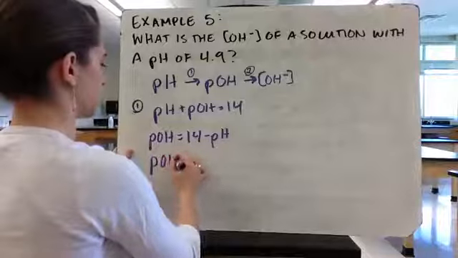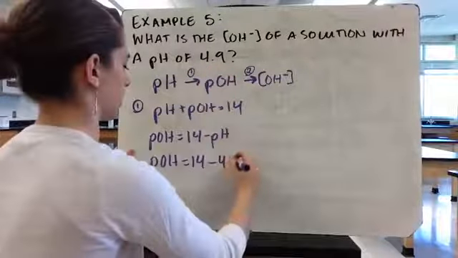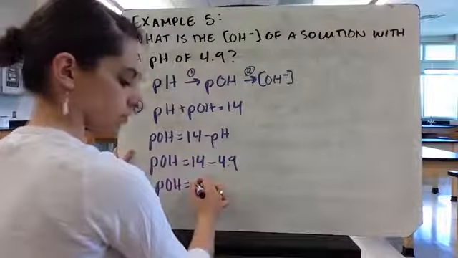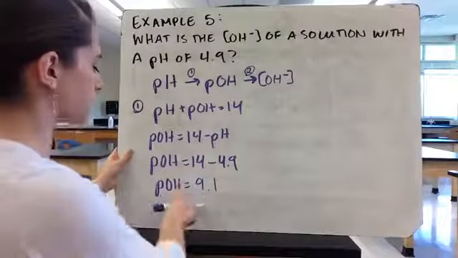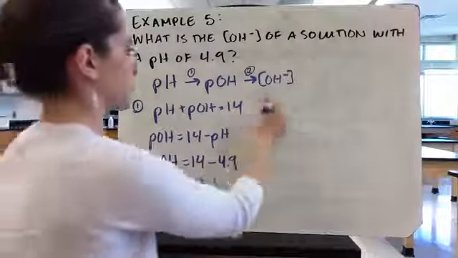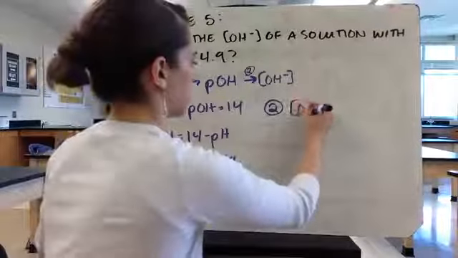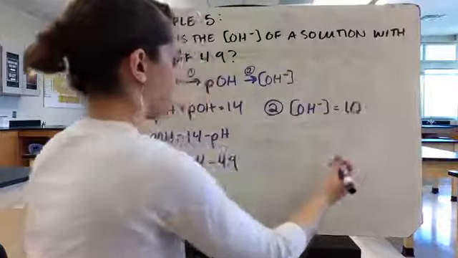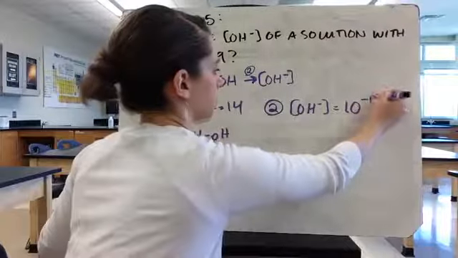Plug our numbers in because we know our pH. pH is up here, it's 4.9. So our pOH is equal to 9.1. Okay, so now we're at pOH. To get to our hydroxide ion concentration, we know that that concentration is equal to the antilog, or 10 to the negative pOH.